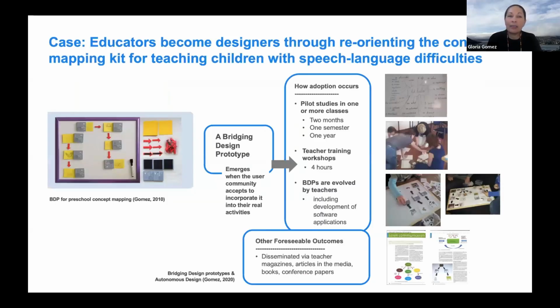In this case, the educators at a primary school in the Netherlands reoriented my BDP for preschool concept mapping to explore its suitability as a didactic tool to enhance interactive language learning in the education of children with language difficulties. After 3 pilots with escalating numbers in participation and duration, the school management decided to incorporate concept mapping at every level.